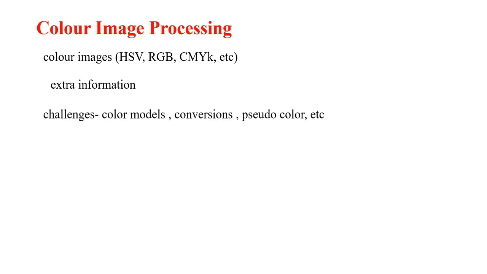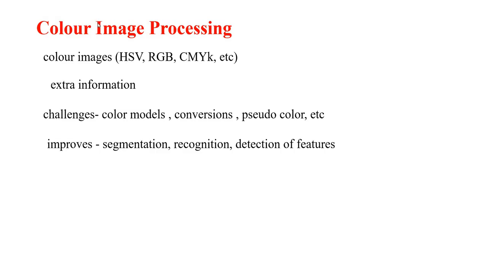Colors may carry more information than grayscale images, because each pixel has 3 or more color components, that is red, green, and blue, and this helps in better object detection, recognition, and analysis. The challenges here are that there may be different color models and different color conversions, that is, converting between color spaces can cause data loss or distortion. You may also have pseudo color, that is, assigning artificial colors to grayscale images in order to highlight features, which is used in medical or satellite imaging.